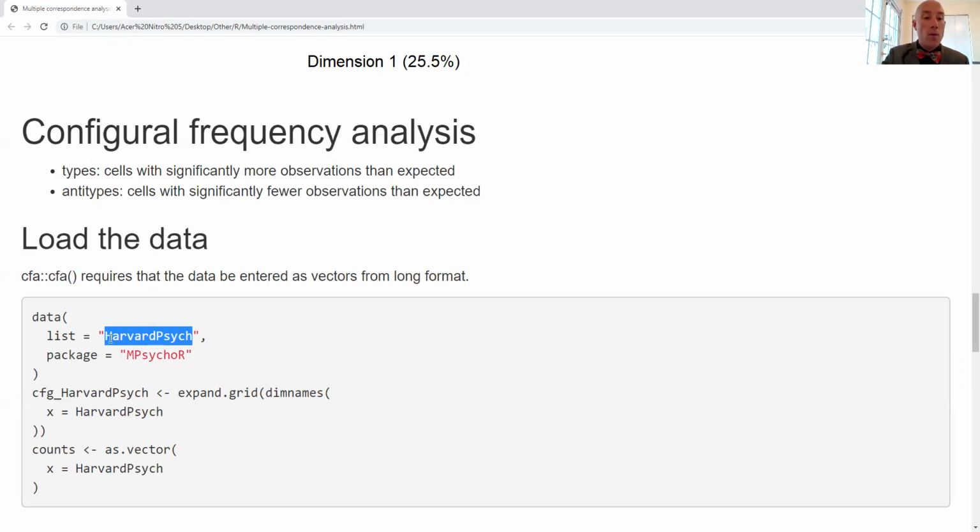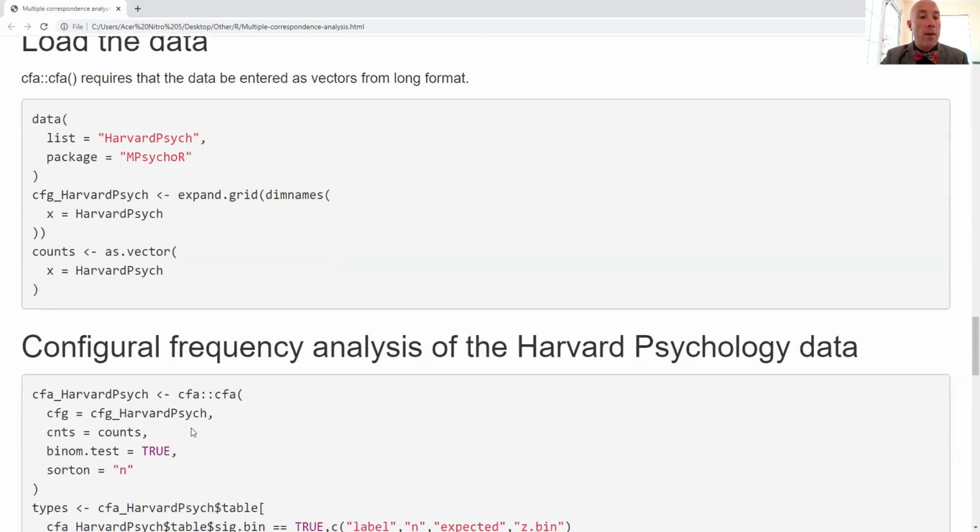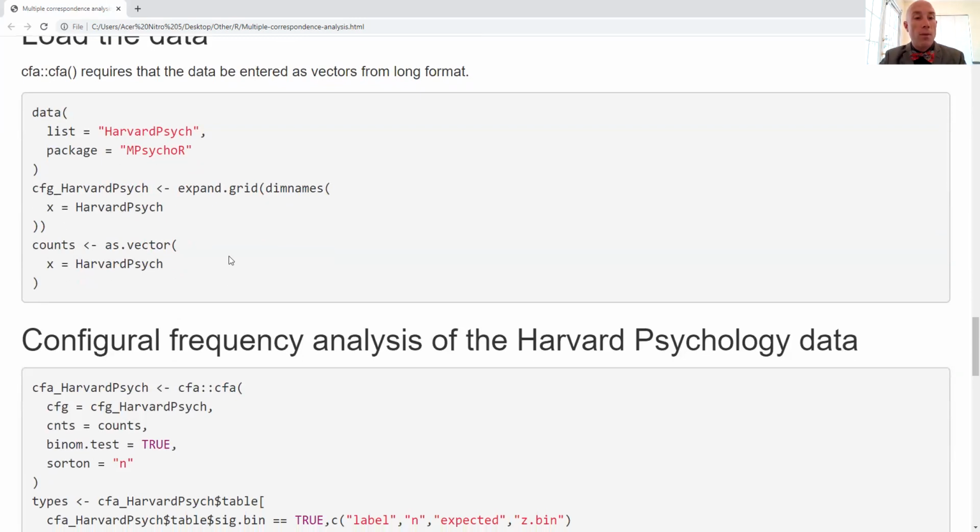The Harvard Psych data set is a count matrix where the rows correspond to professors and the columns correspond to terms in their research profiles. If we look at the configural frequency analysis function, it wants 2 vectors, and it wants those vectors to be the levels and the counts in long format.